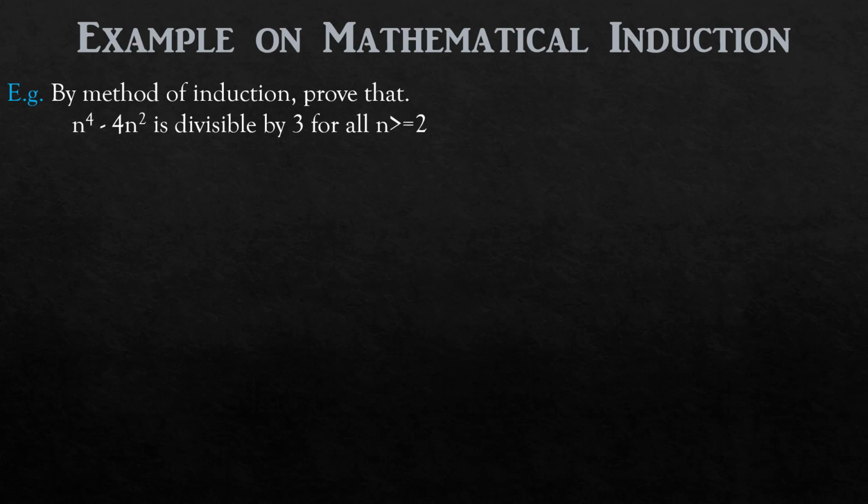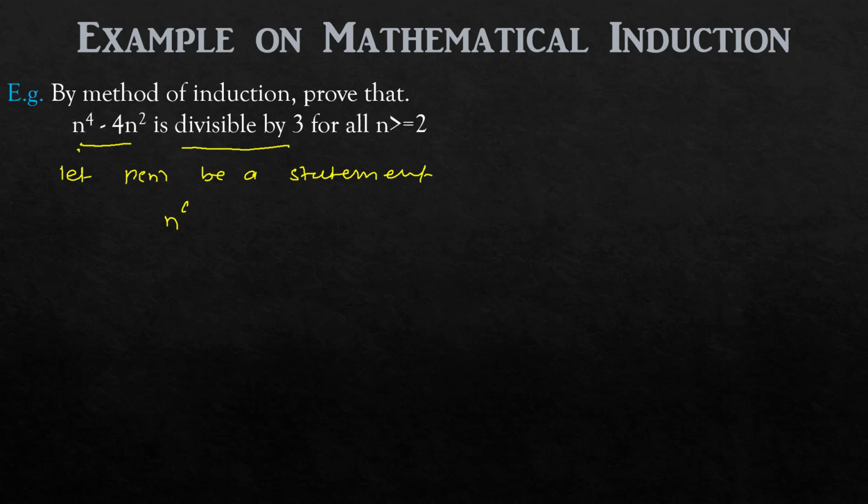Now next example, last example related with mathematical induction, that is n raised to 4 minus 4n square is divisible by 3. So again this is P of n. So let P of n be a statement. What is the statement?